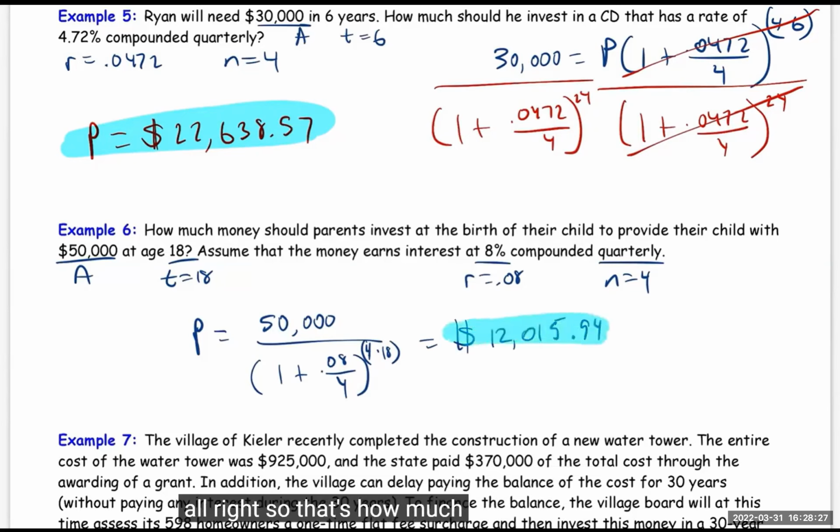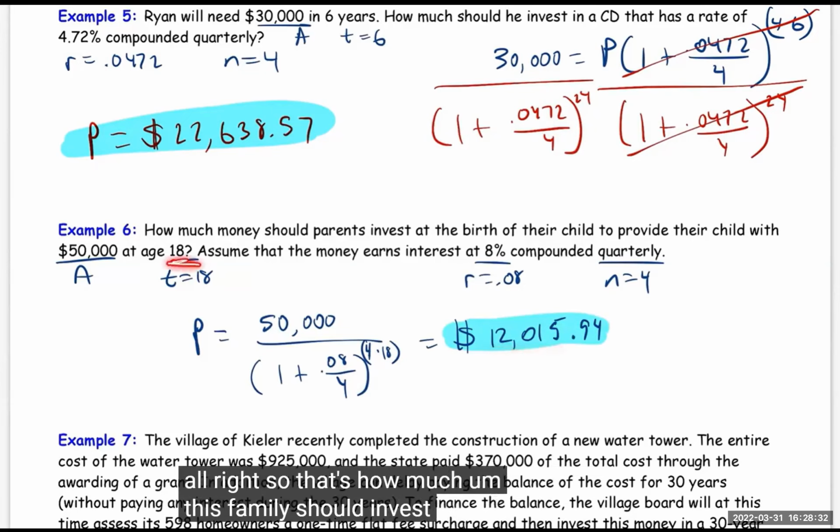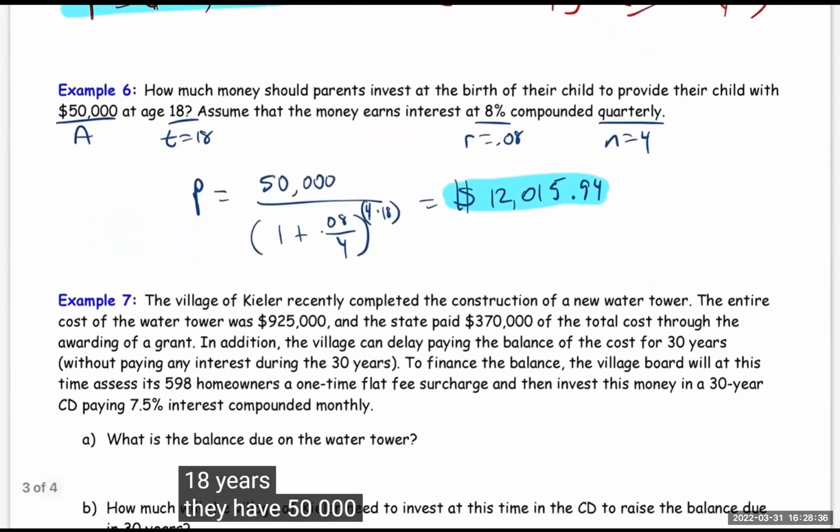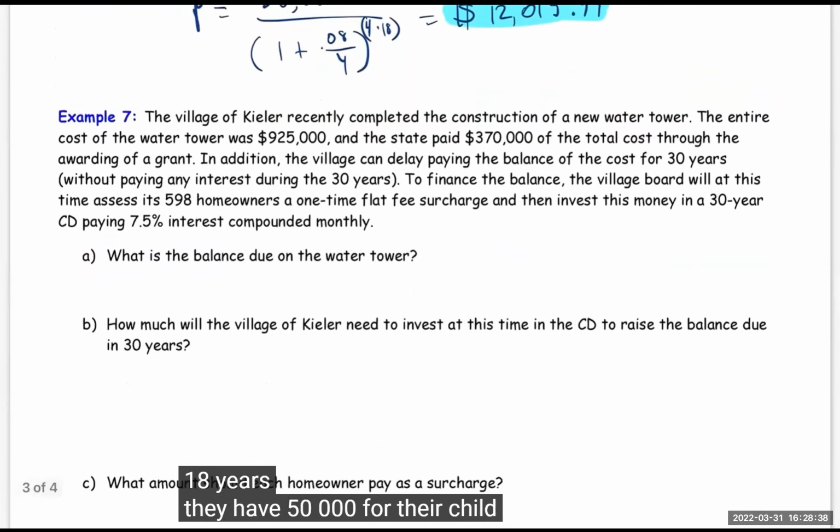All right, so that's how much this family should invest now, so that in 18 years they have $50,000 for their child.